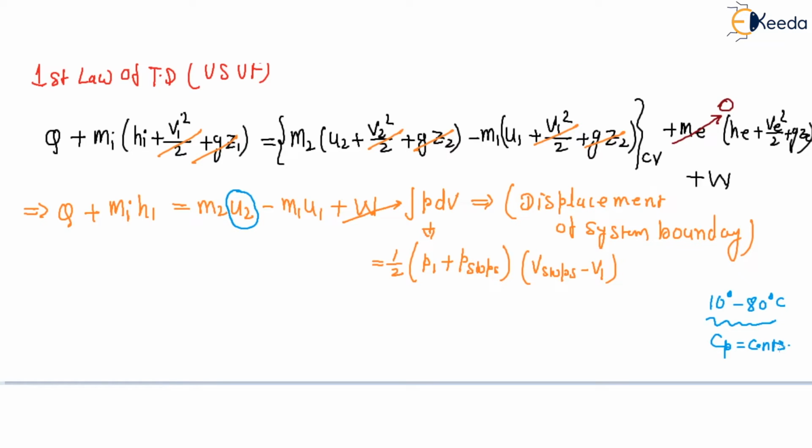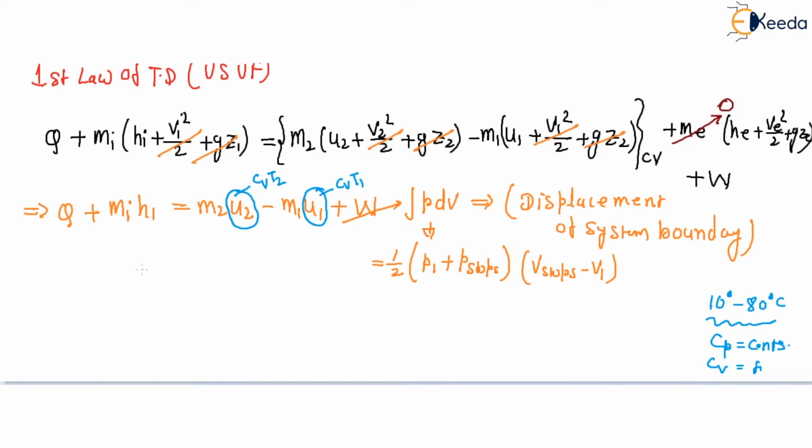Inside the system there is air, and the temperature range is not large, so Cp is fixed. We can take Cp and Cv both as fixed. So this is your Cv T2, and what is U2? Cv T1. So you have T1, you have T2, Cv is given.